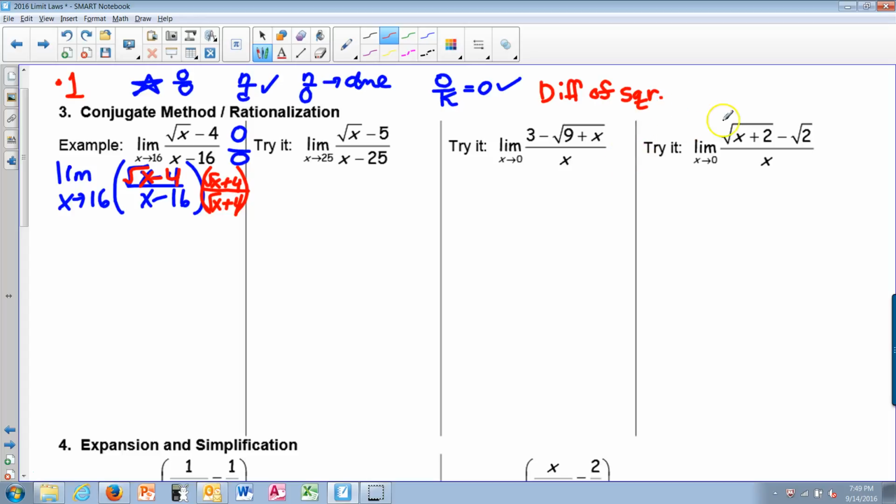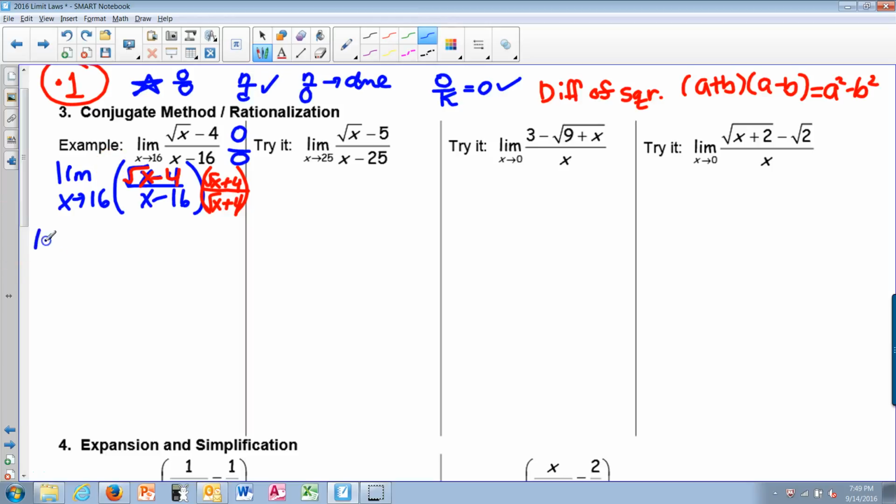So if I have an a plus b, I'll use an a minus b, and that's going to give me a squared minus b squared. It's important though to remember that our goal is to multiply by 1 so that we don't change the value. So I have to multiply on the top and the bottom.